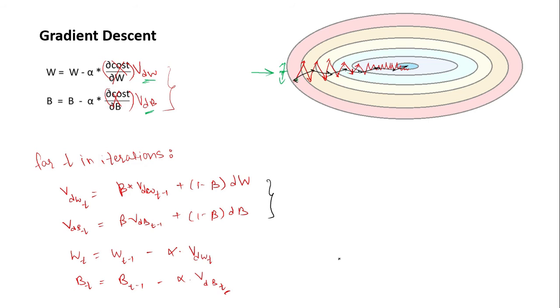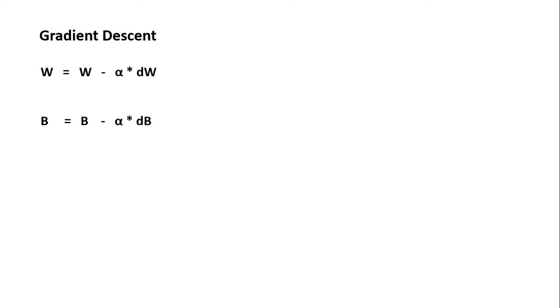Now we will move on to our next optimization technique, which is RMSprop. And again we will start with the equations of gradient descent. We know that the weight updation in gradient descent is given by these two equations. Now in RMSprop, instead of dW, we take dW divided by the square root of SdW, and similarly db divided by the square root of Sdb.